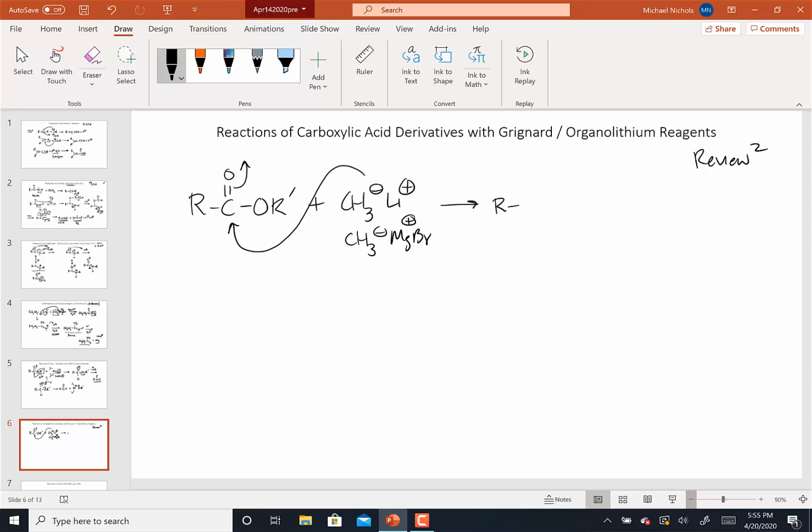So I end up forming my O minus. I have my OR prime group of the ester, and I just added my methyl group. Okay, what happens next? The O minus brings its pair of electrons back down because the OR minus group can leave. So I end up making the ketone.